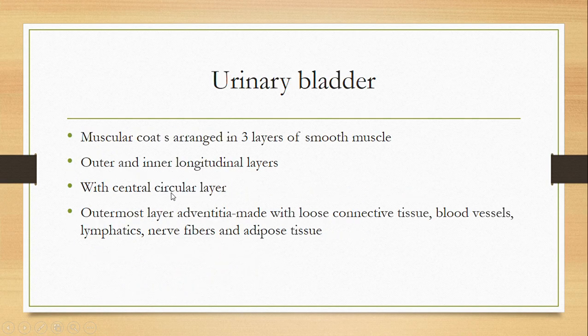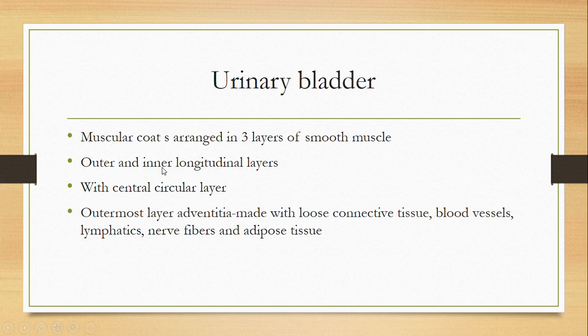The muscle has three layers of smooth muscle: outer and inner longitudinal layers with a central circular layer. The outermost layer is the adventitia, made up of loose connective tissue, blood vessels, lymphatics, nerve fibers and adipose tissue. So that is all about the histology of the urinary system.